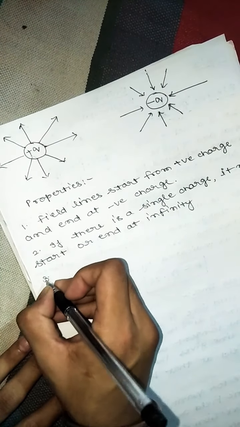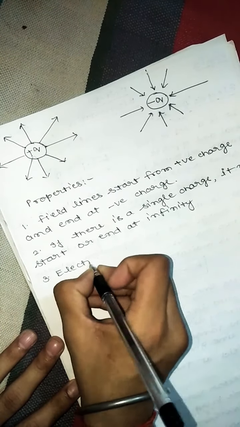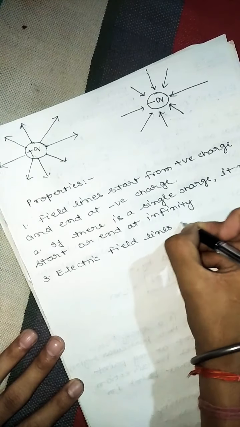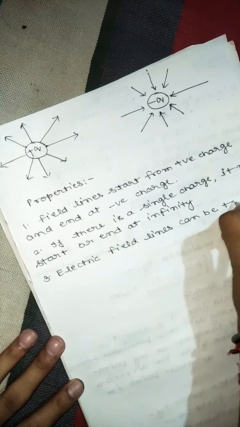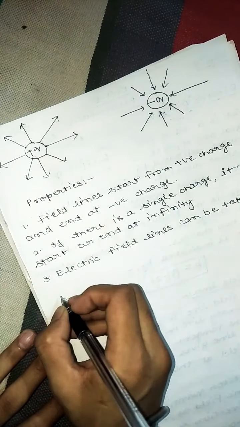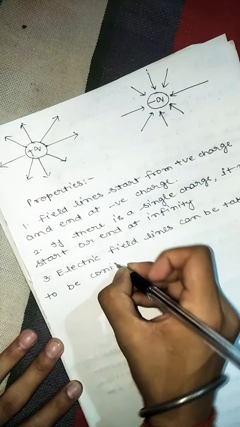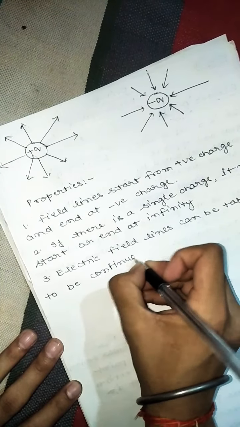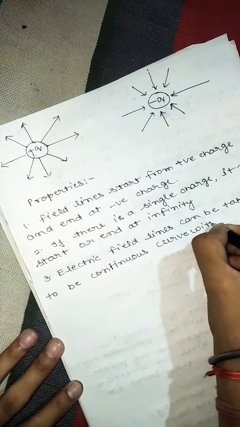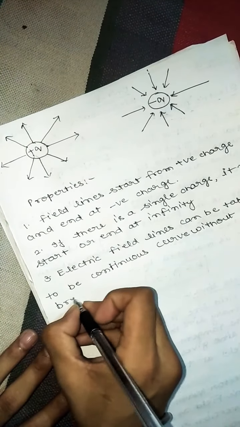The third point is that electric field lines can be taken to be continuous curves without any break. Remember this point, without any break.